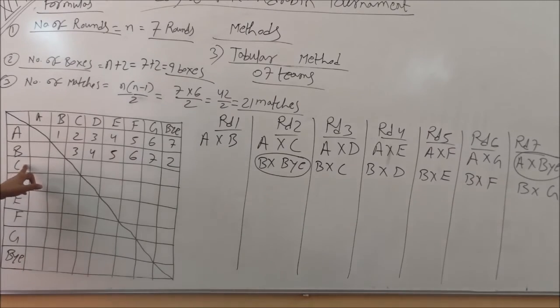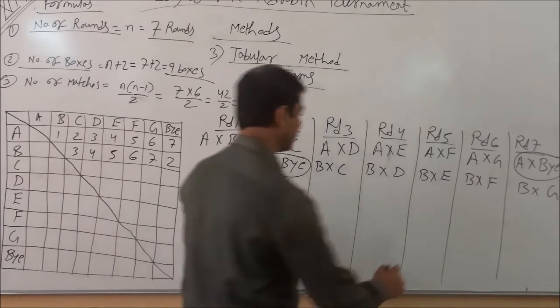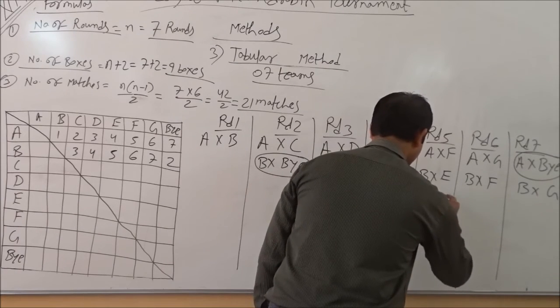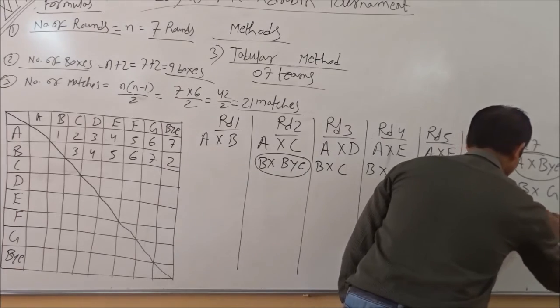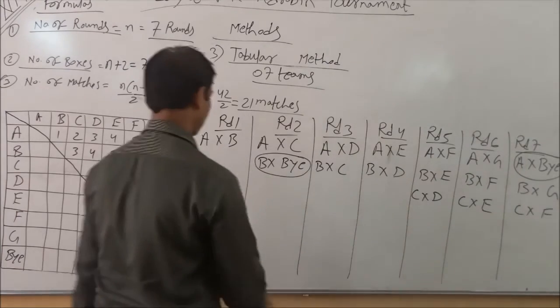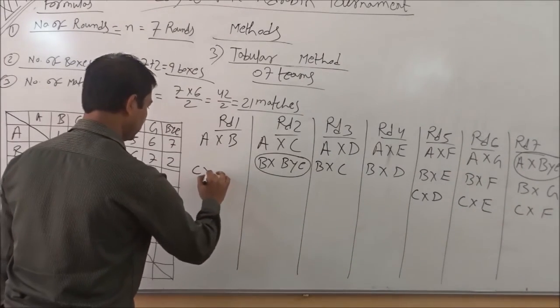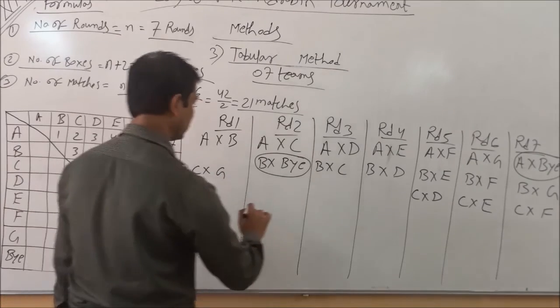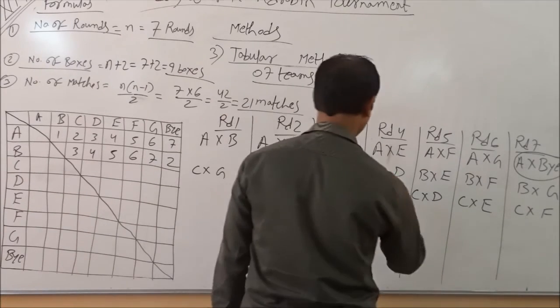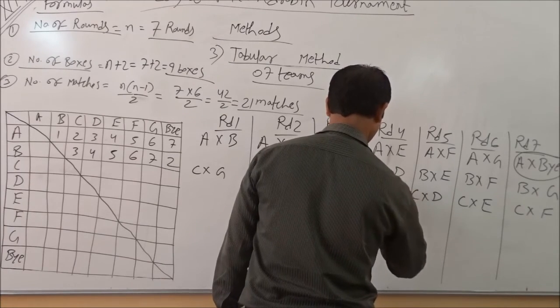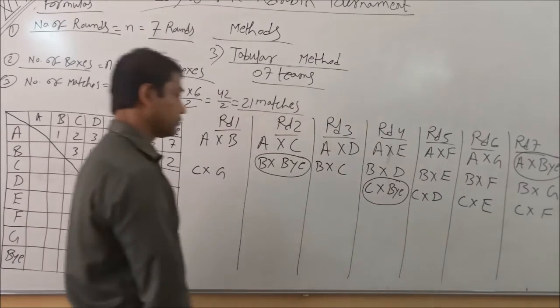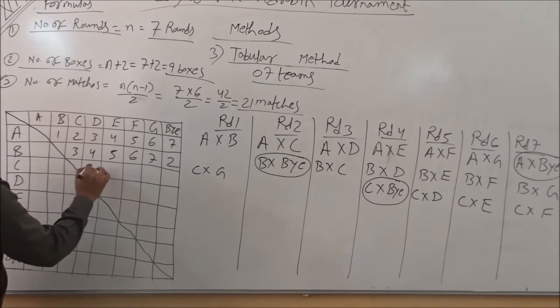Next, team is C. Now C will be starting playing from round number 5. Put up the number.